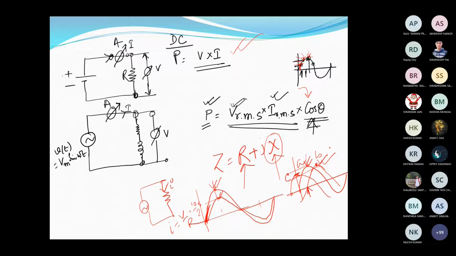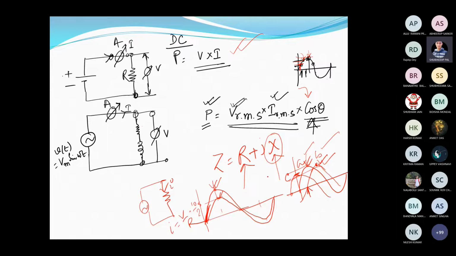This leading and lagging comes because of inductive or capacitive elements. If it is an inductive element, the current lags the voltage. But if it is a capacitive circuit, the current leads the voltage. This you will slowly understand.